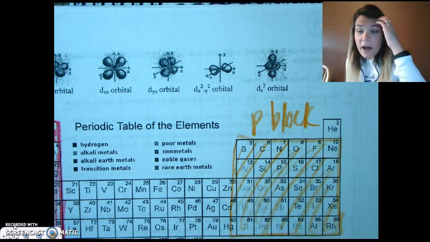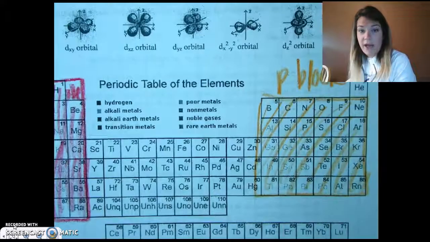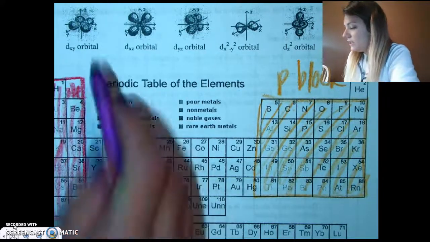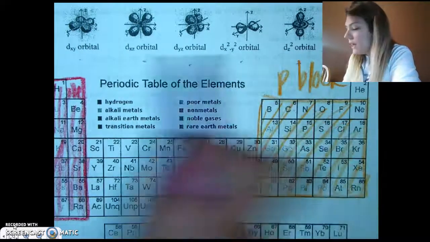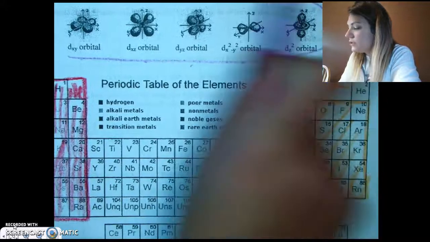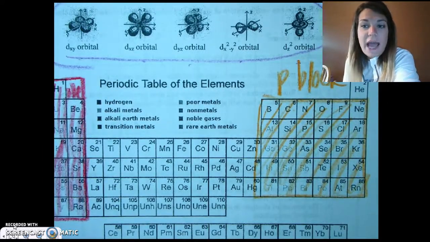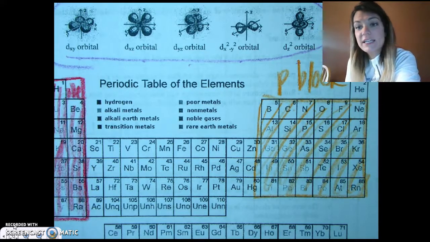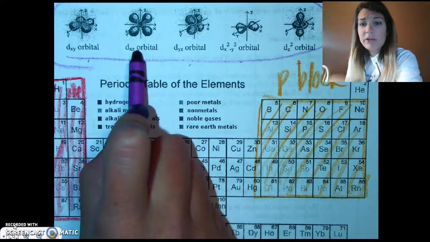And then the last orbital that we're going to talk about is the d orbital. You'll notice, how many d shapes do I have? If I count these, I have 1, 2, 3, 4, 5. I'm not so interested in you being able to tell me the shapes of the d orbitals. I'm more interested in you being able to tell me how many electrons I can hold in total in the d orbital.